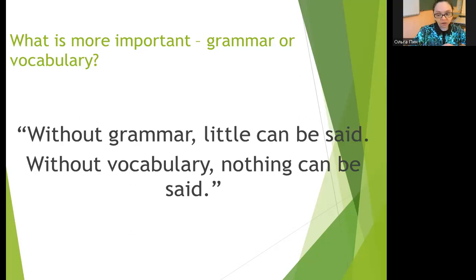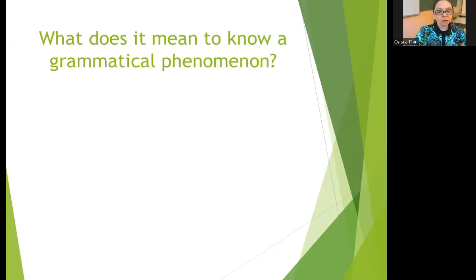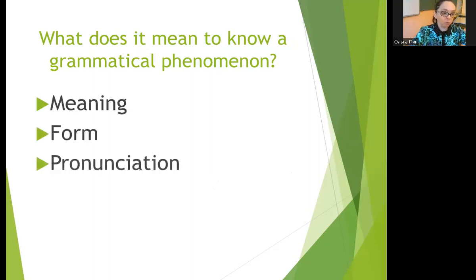And again, just as when we were talking about vocabulary, the first thing to consider is what it means to know a grammatical phenomenon. Hopefully, you remember the abbreviation MPF, meaning, form, and pronunciation.